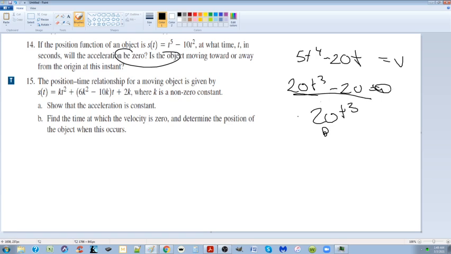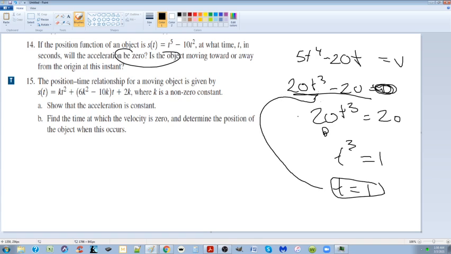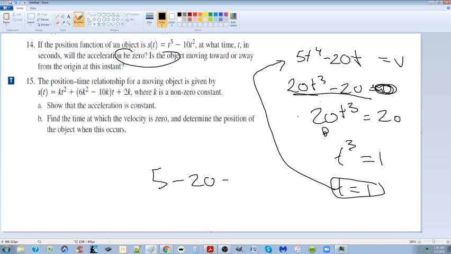So when this acceleration is going to be equal to 0, so when time is 1, that's when acceleration is 0. You now have to punch it back into the velocity equation, which is up here. So you get 5 minus 20, and you discover a negative 15 velocity, which means its slope is downwards, which means it's moving away.